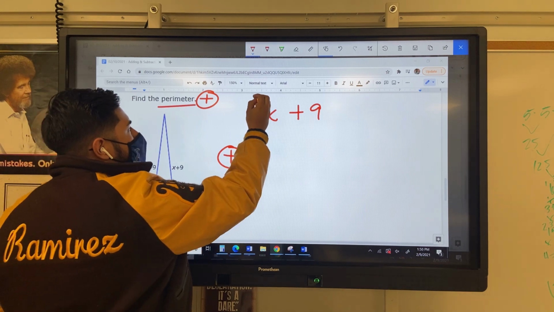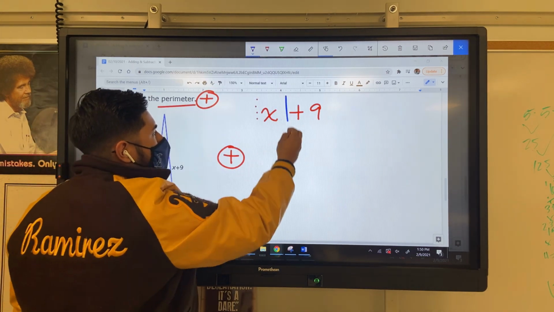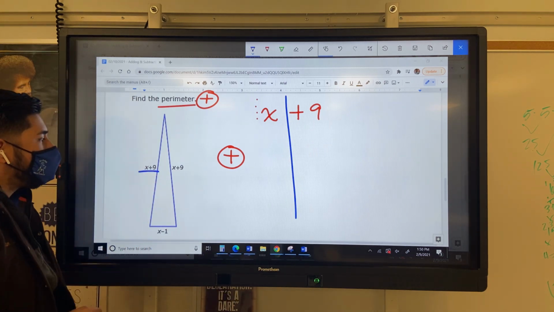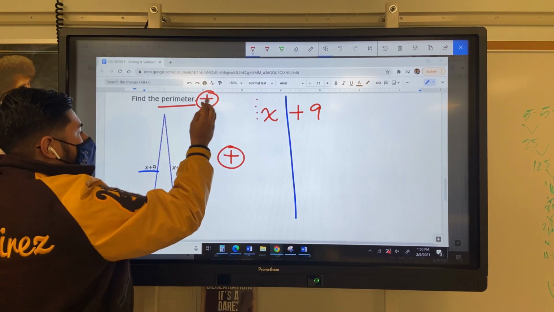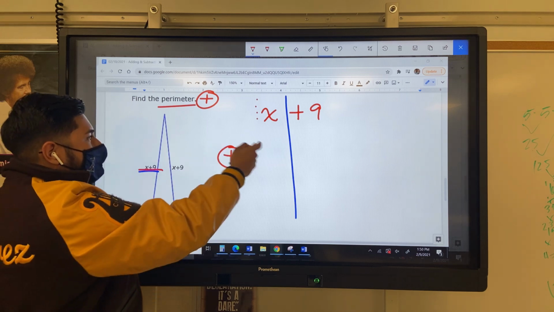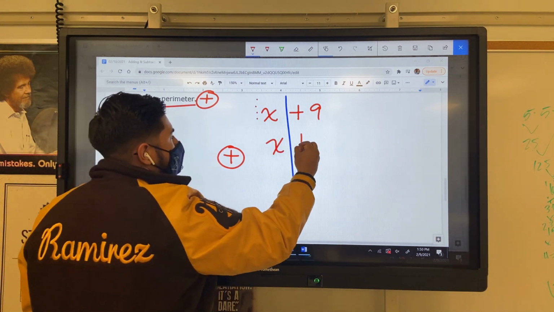What goes in front of the x? Don't forget to put the beautiful line. So I did this one. Next one, x plus 9. X goes with x's. Also a 9.